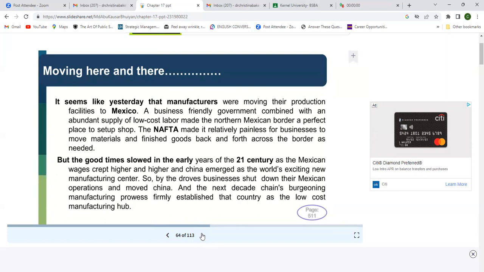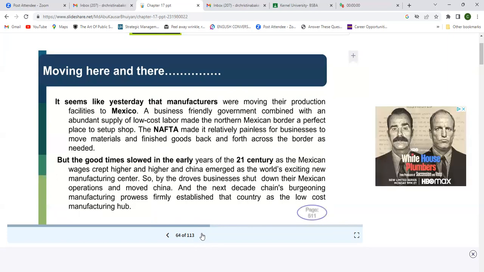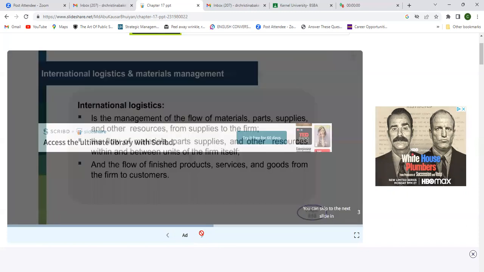NAFTA made it relatively painless for businesses to move materials and finished goods back and forth across the border as needed. But good times slowed in the early years of the 21st century as Mexican wages crept higher and China emerged as the world's exciting new manufacturing center. So the firms shut down Mexican operations and moved to China. In the next decade, China's burgeoning manufacturing boroughs firmly established the country as a low-cost manufacturing hub.